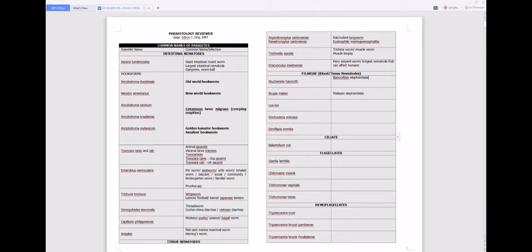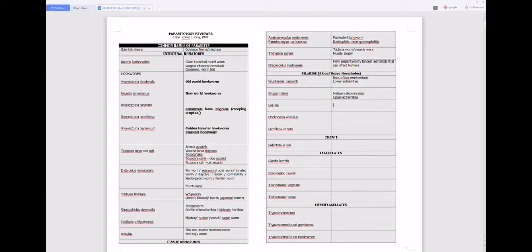So itong Bancroftian elephantiasis, it is almost exclusively located sa lower extremities. Okay? While Malayan elephantiasis, upper extremities. But both of them, actually, itong apat, Wuchereria bancrofti, Brugia, Loa loa, and Onchocerca, they can cause elephantiasis.